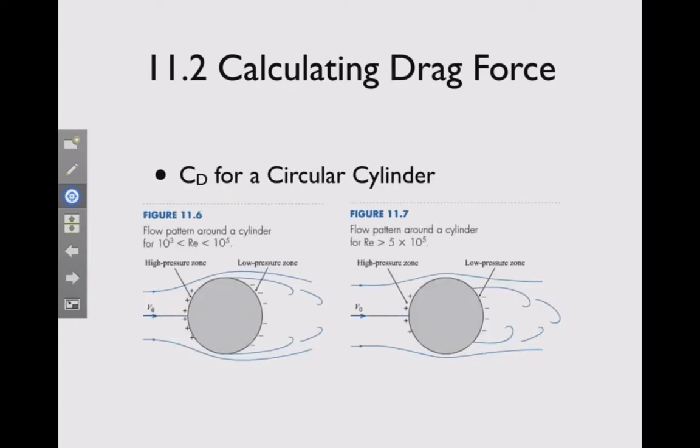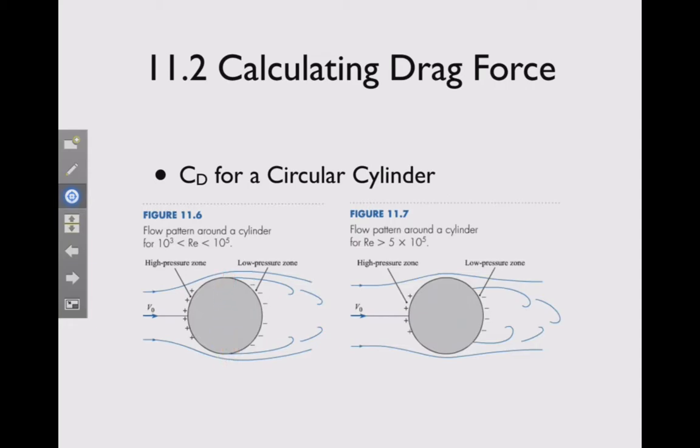Just to give you a physical idea of why this occurs for a circular cylinder: when the flow around the cylinder has a Reynolds number between 1,000 and 100,000, we note that the pressure looks like this, and we see flow separation occurring back behind, or maybe on the side of the cylinder.